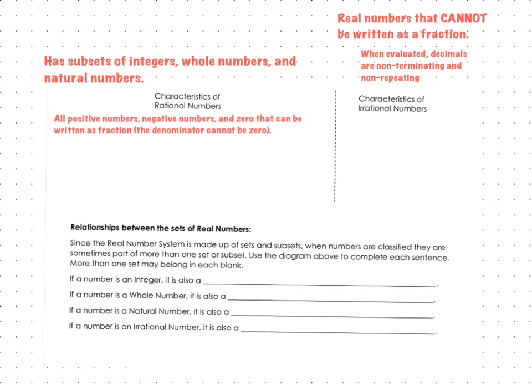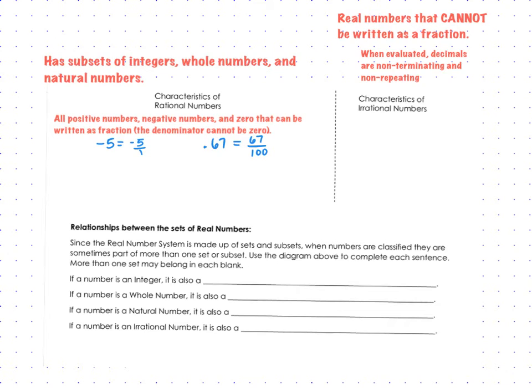So when we were looking at our notes, some examples that we gave is something like -5 that can be written as a fraction of -5 over 1. We gave examples like 6.67, which can be written as 67 hundredths. So any number that can be written as a fraction makes it rational.